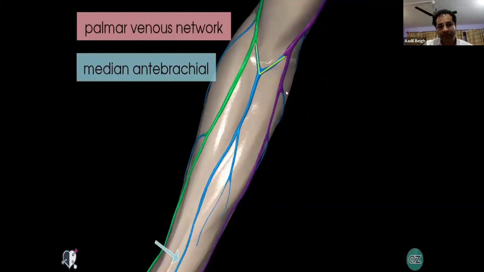So there will be a lot of variations at the cubital fossa. So this one is the cubital vein, this is the antecubital vein, this is the cephalic vein, and this is the basilic vein. They are interconnected with each other with the median cubital vein.